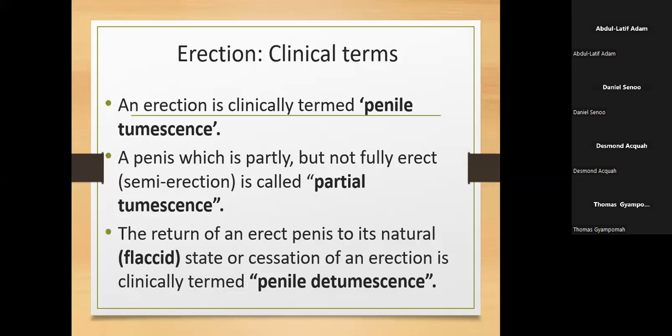So if you say penile erection, then you're emphasizing that you're talking about the penis being rigid, being stiff, and so forth. Sometimes you take certain things for granted. Even though everybody understands that erection refers to the penis, be very sure not to allow anybody to interpret it anyhow. Just say penile erection, or for that matter, penile tumescence. Right. So the return of an erect penis to its flaccid form, and we have said that already.